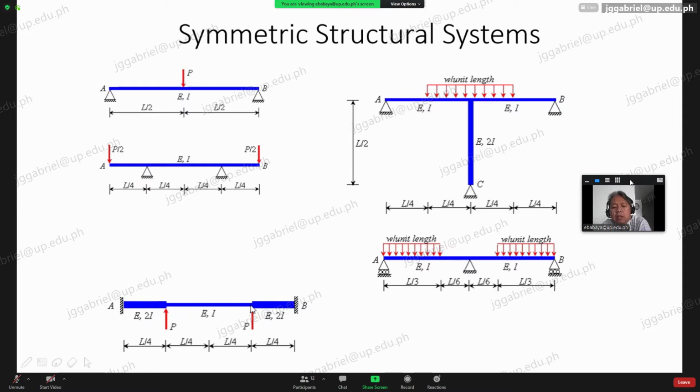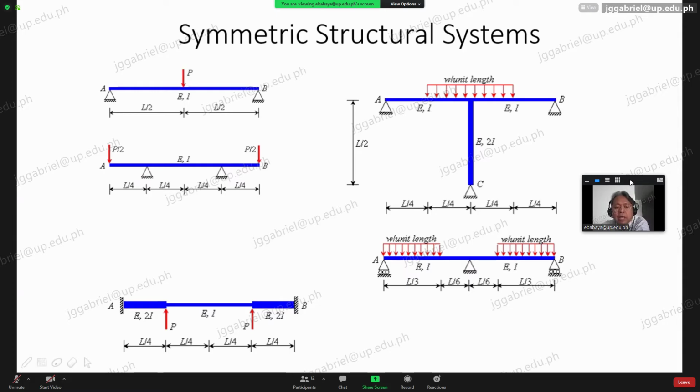You can see that there's a change in the sectional property, the height changed. But if you compare the left part and the right part of the beam, they are mirror images. For this one also.